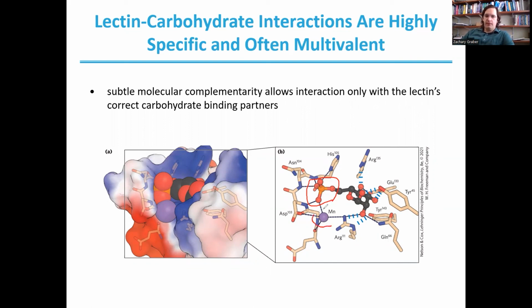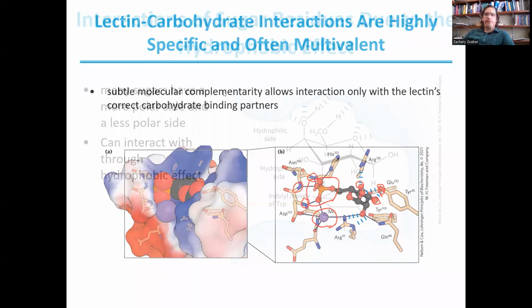Notice here we have a manganese ion that's helping to interact with the negative charge here, and this is also interacting with various hydrogen bond donors of our protein backbone. We also, of course, have each of the alcohols on our sugar molecule that can form hydrogen bonds to various amino acids here as well. All of these interactions work together to create this highly specific interaction to our carbohydrate.